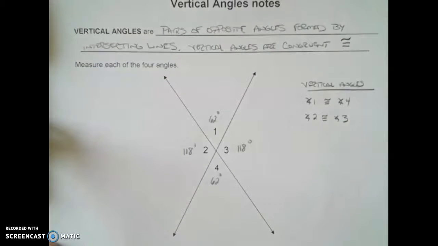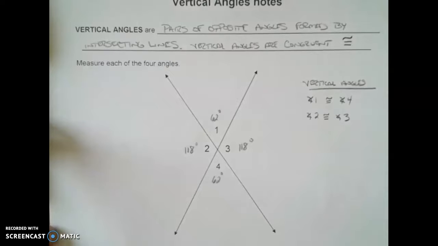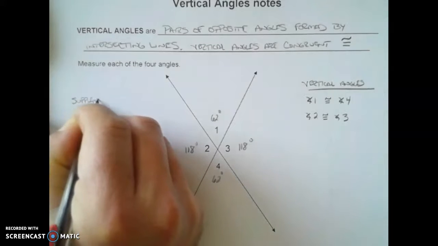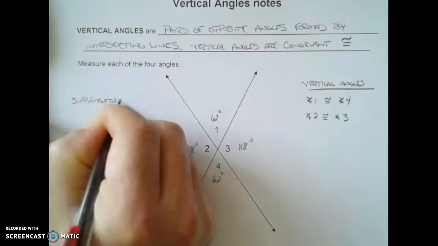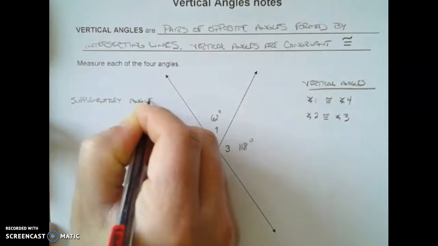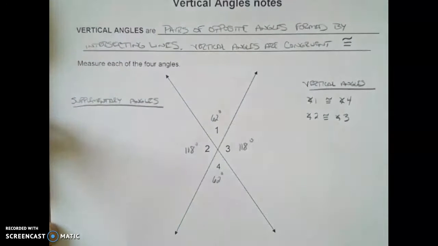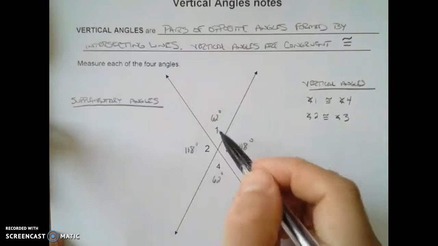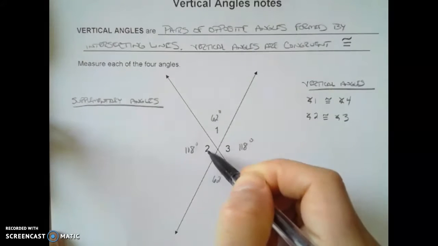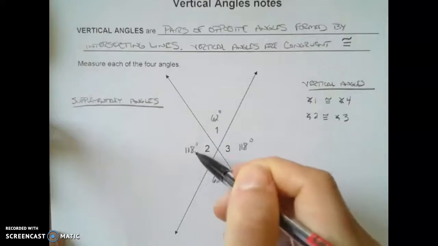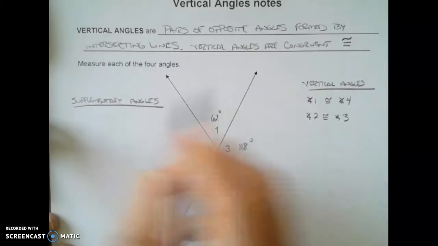Now, not only do we have vertical angles in this picture, but we also have supplementary angles. Remember that angles are supplementary if they add up to 180 degrees and form a straight angle. So if I look at angle number 1 and angle number 2, they form this straight angle right here, and their sum is 180 degrees.